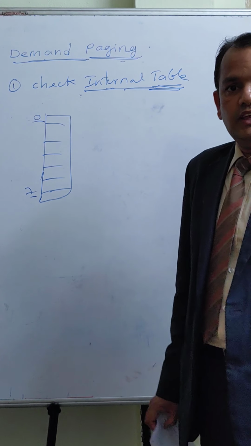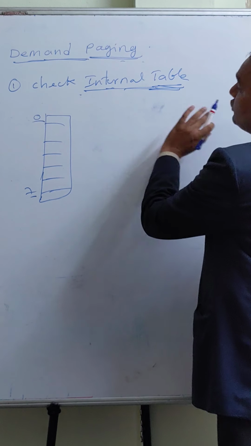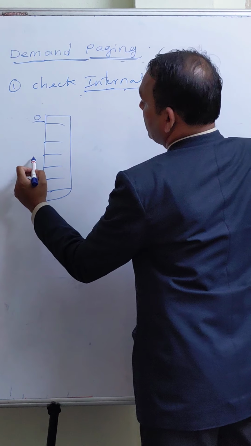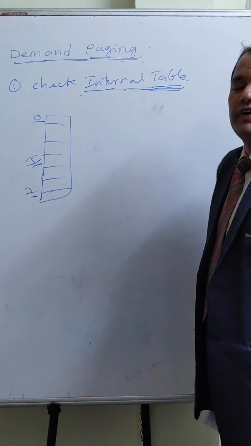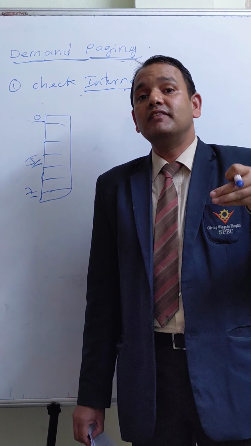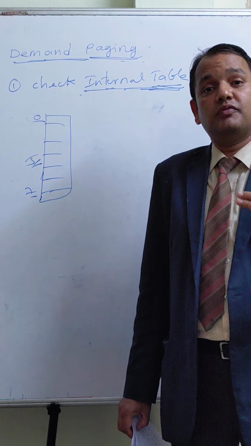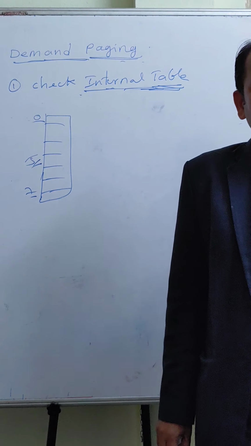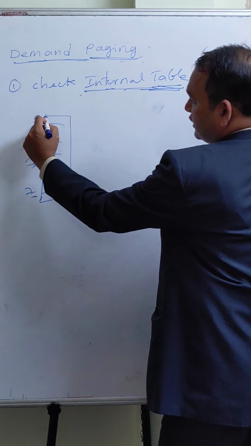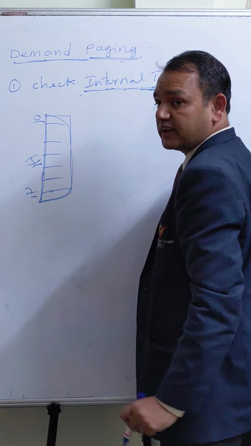Okay. If it is in range, suppose page number 5 is not available in the main memory, then we need to bring that page number 5 to the main memory. Here we are checking whether the particular page is in the process domain or not, in the process range or not.